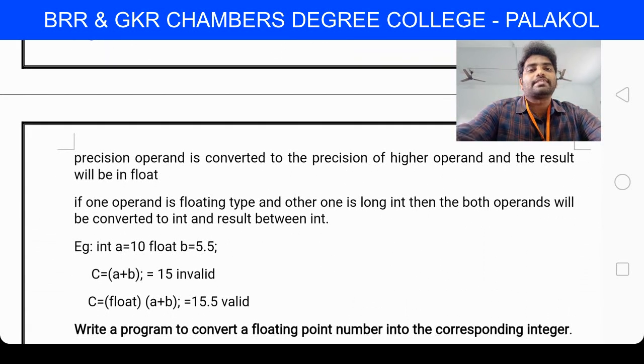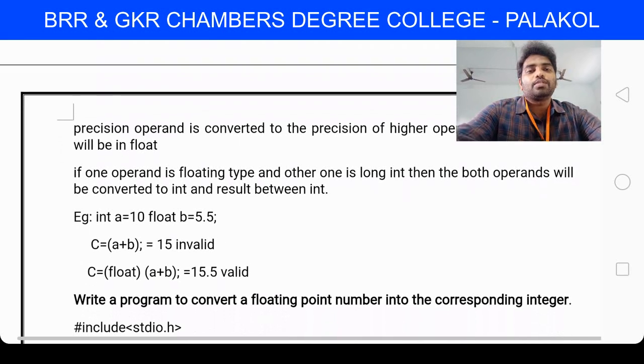Suppose int a is equal to 10, float b is equal to 5.5, c is equal to a plus b is invalid. Why? A is an integer value and b is a floating value, so the output is invalid. Suppose c is equal to float a plus b, this is 15.5.